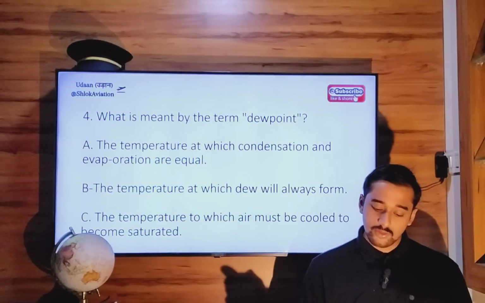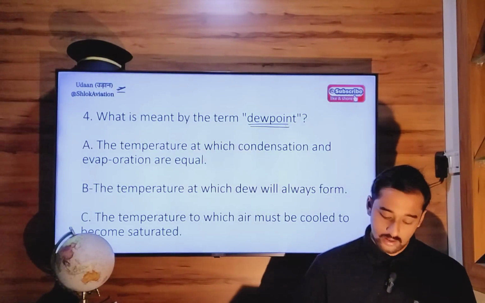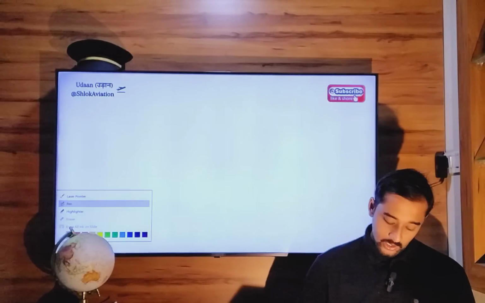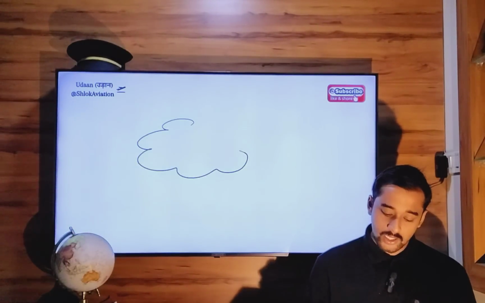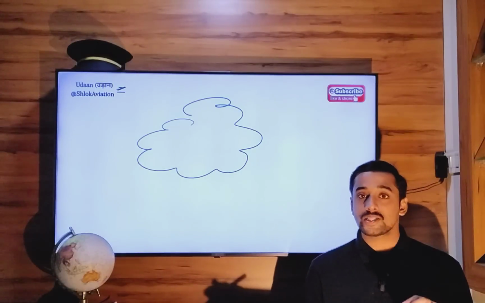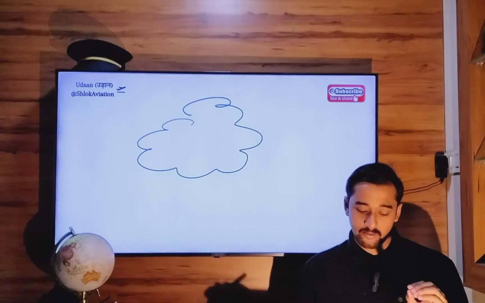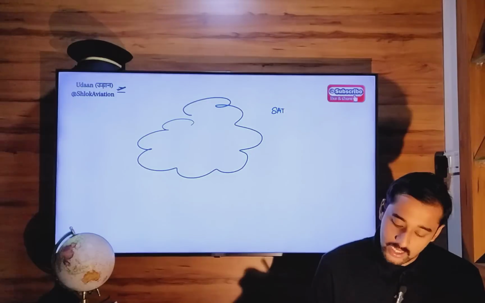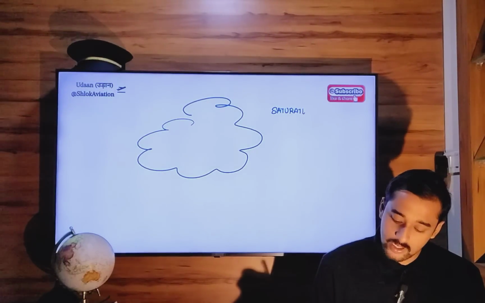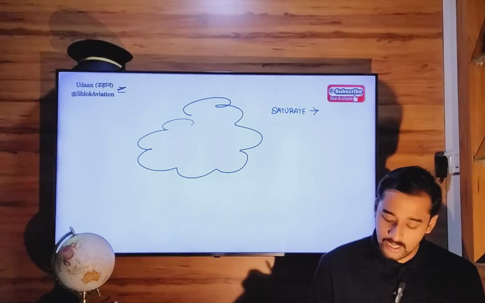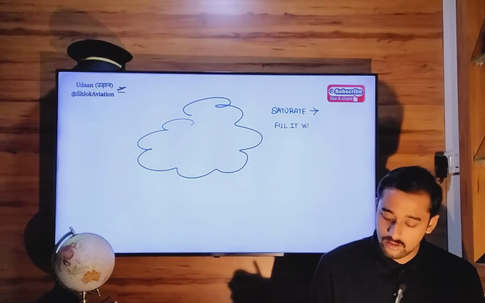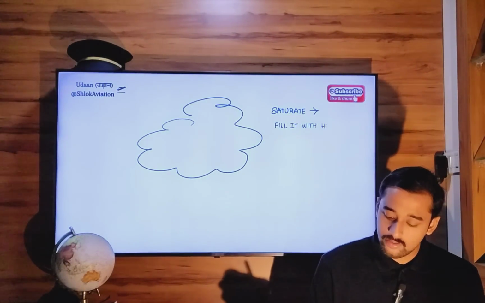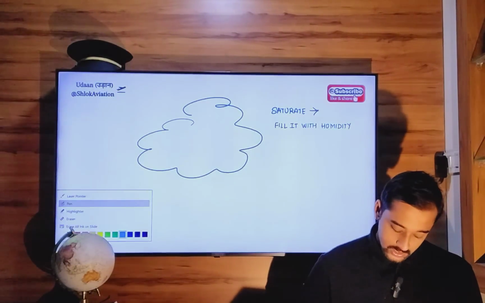Next, what is meant by the term dew point? Now let's say this is your certain parcel of air. Now you want to saturate this air layer, this air mass or parcel of air. To saturate it means, in simple words, to fill it with humidity, right? Now there are two ways you can do this.